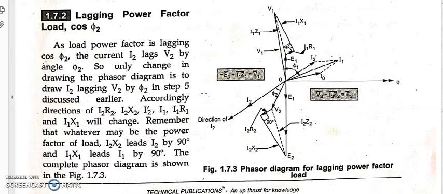But we are not sure whether it is purely inductive or not. So what we say here is, we shall say that my secondary current I2 lags V2 by a certain angle phi 2. You can see I2 is over here, it is lagging V2 by a certain angle phi 2.